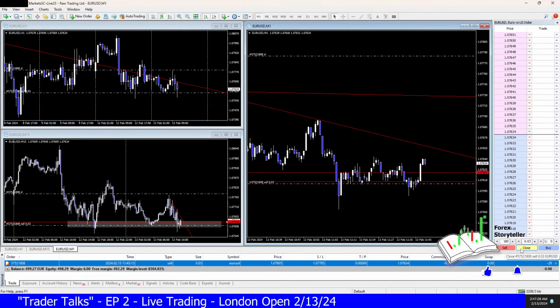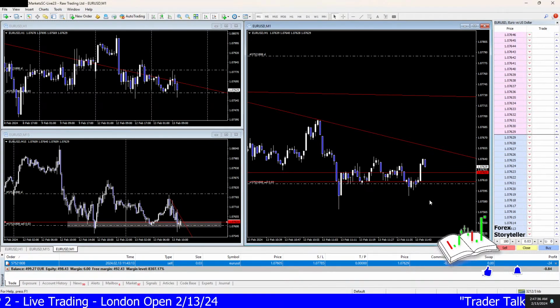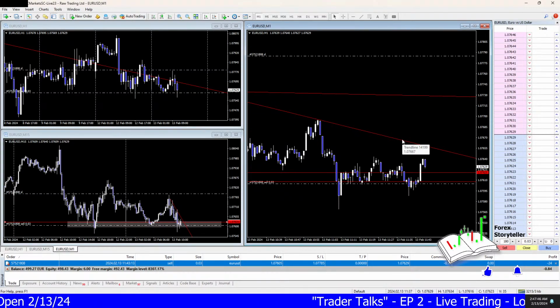See if we get some snap downward. Looks like higher time frames still lined up in our favor. Got this line here to cross in order to break that.